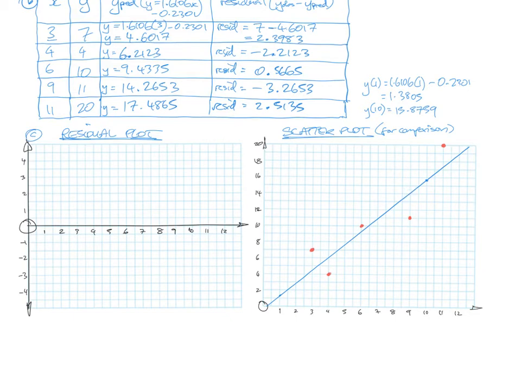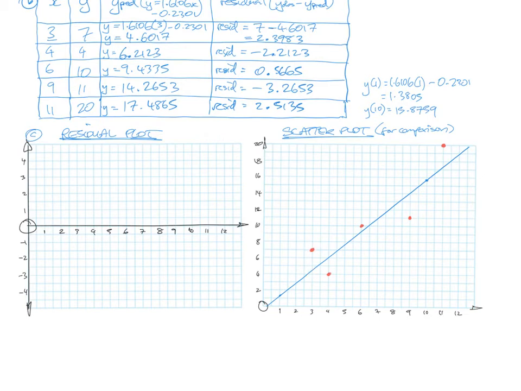Does that fit? Well, the line crosses here just above 14, and the dot is actually at 11. So yeah, it's a little bit over 3 below the least squares regression line. And here we've got another far one, 2.5135. So hopefully you can see that the residuals represent how far above or below the least squares regression line the data points lay.